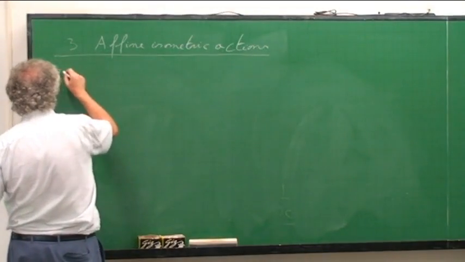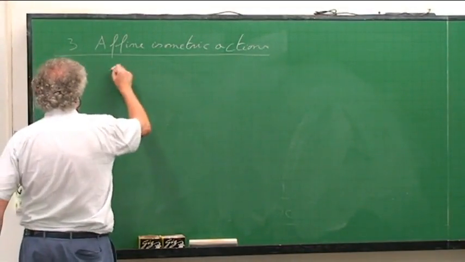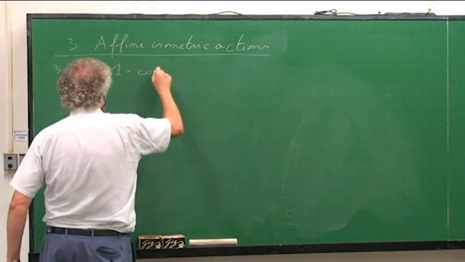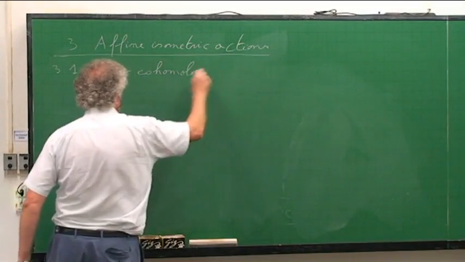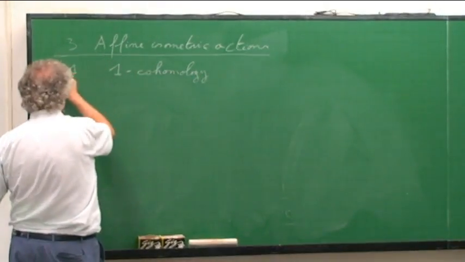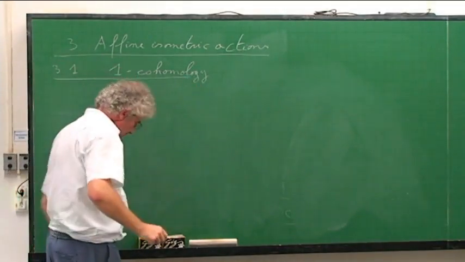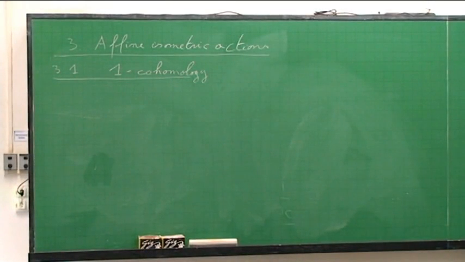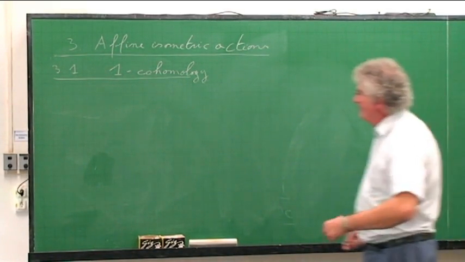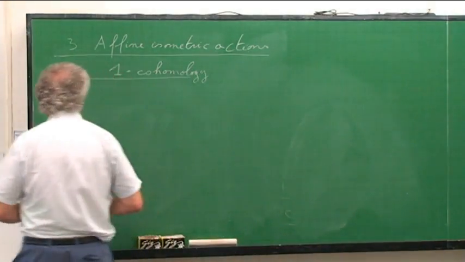The first thing to do is to describe what these actions are, and there is a cohomological framework to study them. But fortunately, if you don't like cohomology, one cohomology will be enough. So we don't need any general cohomological background.